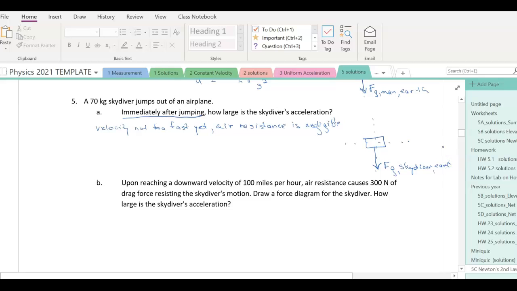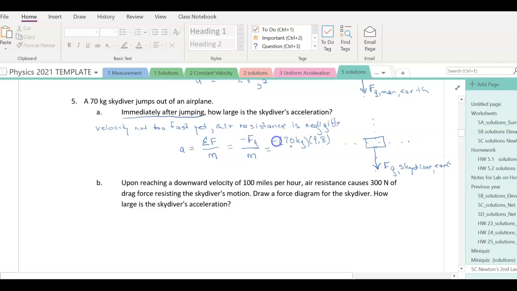And it asks about the acceleration. Well, the acceleration is the net force over the mass. The net force is minus the force of gravity, and that force of gravity would be 70 kilograms times 9.8.